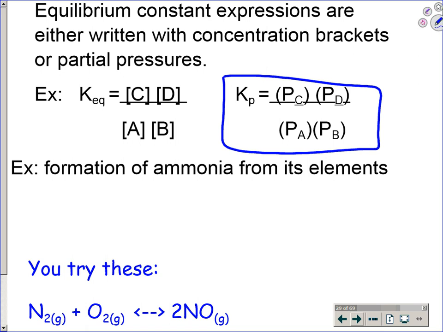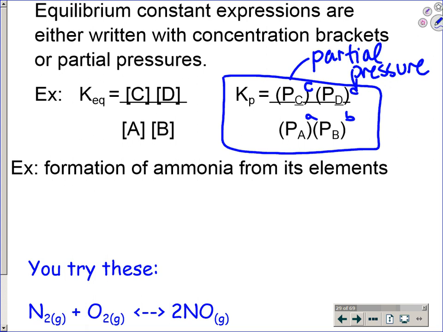We're putting P as in partial pressure of C raised to the what? Little c power, the coefficient of whatever's in front of C. This is assuming the same equation we had on the previous slide. D raised to the little d power, A raised to the little a, and B raised to the little b power. Again, we are using coefficients. There's only just a P there to indicate pressure instead of concentration. You with me? Okay.